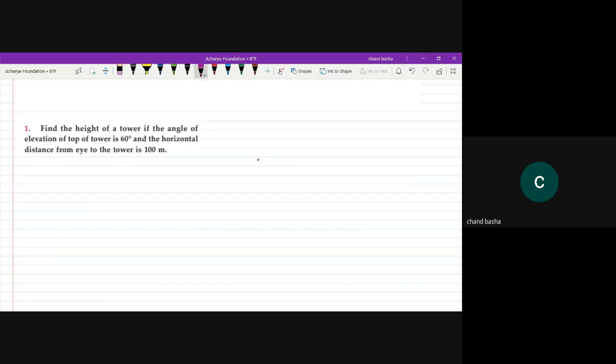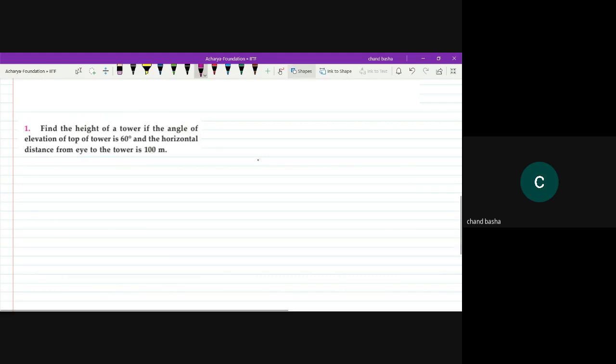Yeah, let us see, guys. Before going to that, first let us have a rough figure, approximate figure for the given data. He's asking the height of the tower, and you people are observing the top of the tower, which makes an angle 60 degrees with the horizontal line, which is at a distance of 100 meters.